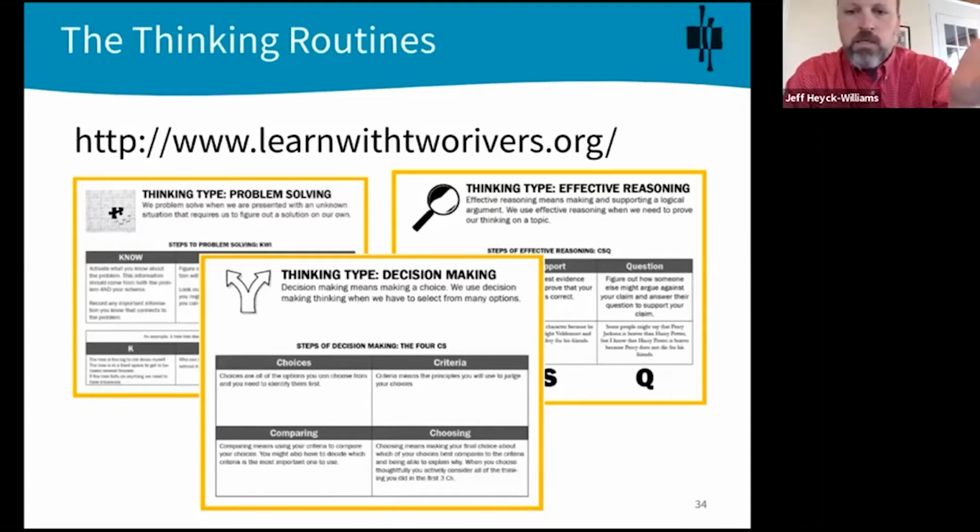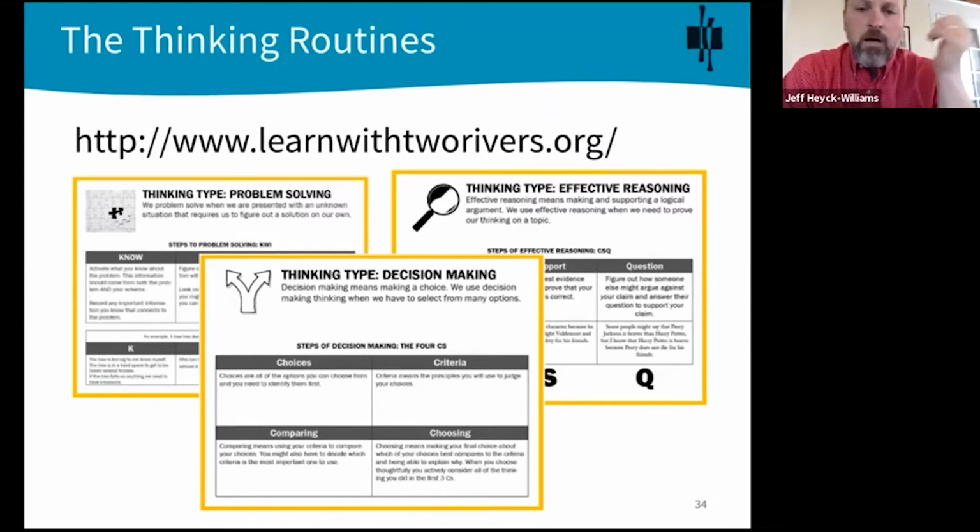For effective reasoning, it's really about making evidence-based claims. And this one came straight from Project Zero: how do you make claims? How do you support those claims? And then how do you question those claims, which is really moving kids to critique their own claims, but then move ultimately to what is a counterclaim and how would I address that within my own claim.